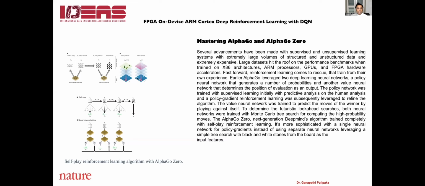It does all the training on the deep neural networks, so it knows how to compute and perform that. Again, as we have moved into deep neural networks, large data sets have hit the roof on reinforcement learning, trained on x86 architectures, ARM processors, GPUs, and FPGA accelerators.